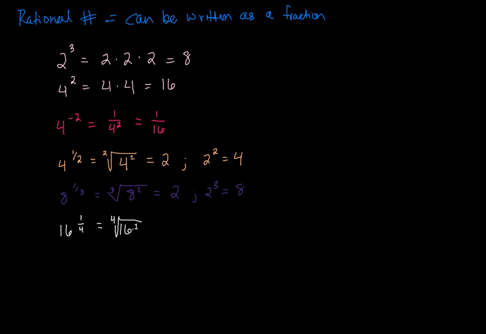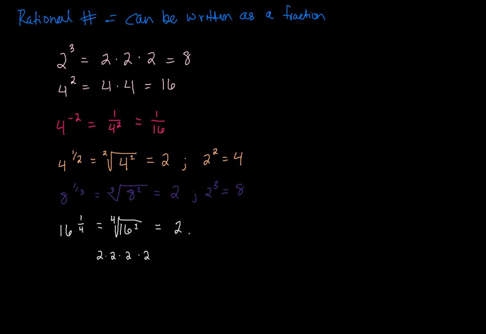Then we want to figure out what number fits into 16 4 times. Well, 2 times 2 times 2 times 2 gives us 16. 2 times 2 is 4, times 4 gives us 16. So our 4th root of 16 should be 2.